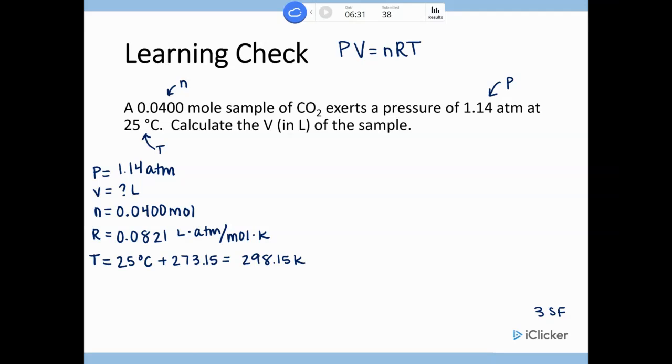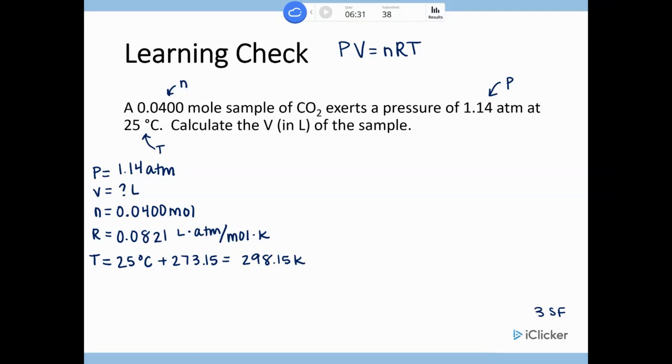All four of those in this ratio are the units for R. That way, when we solve for volume, we will end with units of liters.